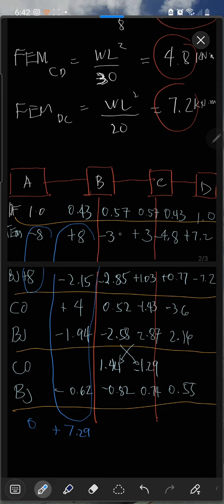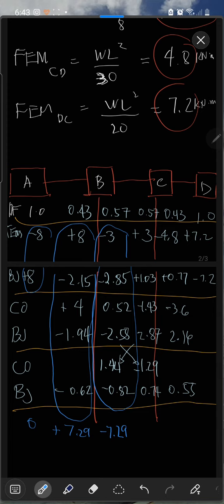Then kanina po negative 3, negative 3 minus 2.85 plus 0.52 minus 2.58 plus 1.44 minus 0.82, negative 7.29. So mabalaan nimo nga sakto yung balancing kung equal ang values or almost equal ang values.